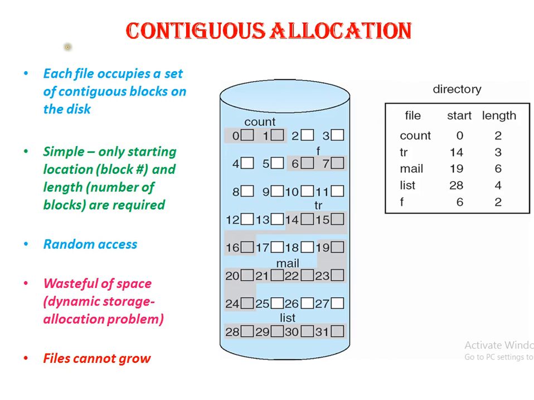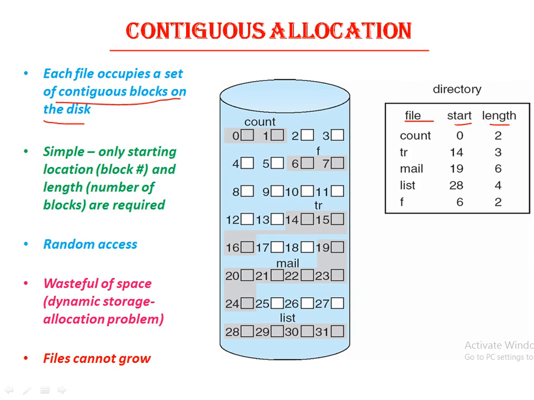First is the contiguous allocation method. Contiguous means continuous. Each file occupies a set of contiguous blocks on the disk. Suppose you observe in this particular diagram, we have file, start and length.